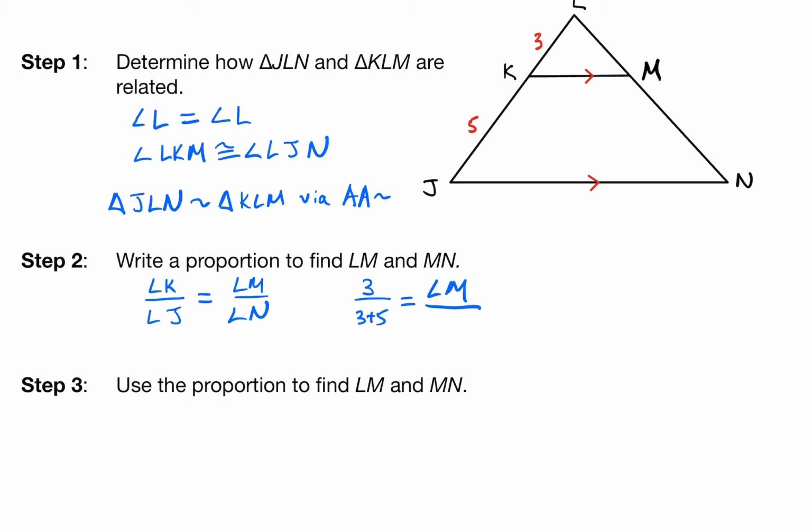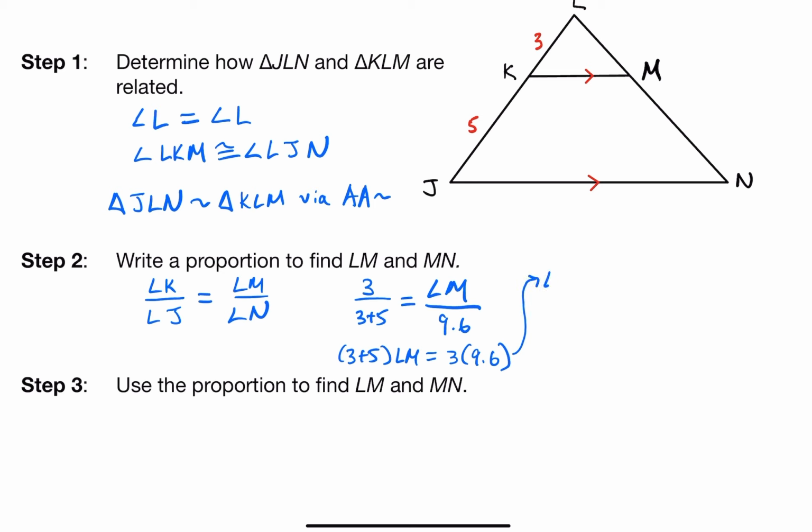We're told that LN is 9.6. Now we can do our cross multiplication and say that 3 plus 5 times LM is equal to 3 times 9.6.